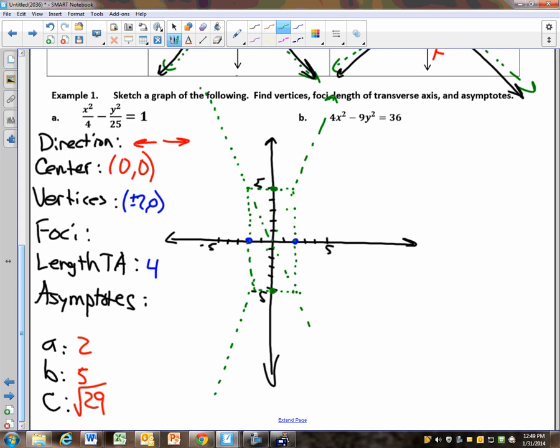Is this hyperbola going to be really wide or really narrow? Really wide. Super wide. Okay. So let's describe the equation for the asymptotes. y equals plus or minus 5 over 2 x.